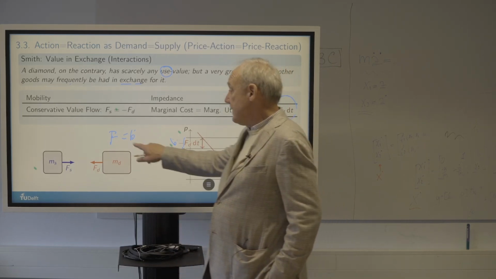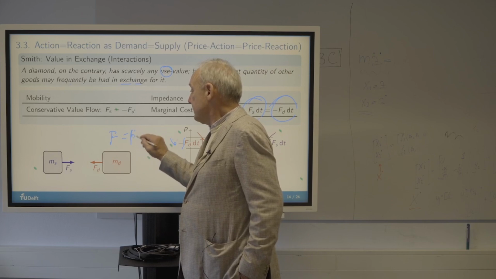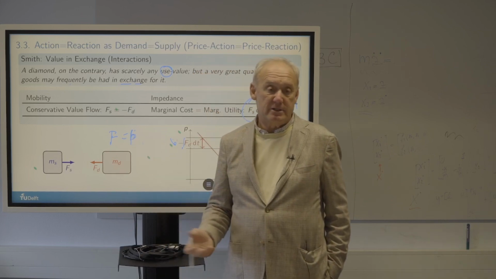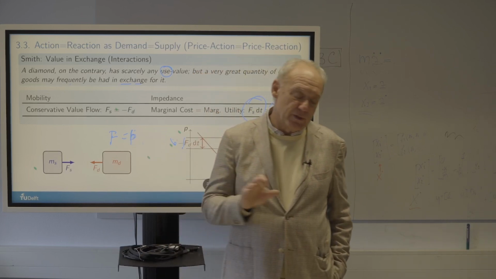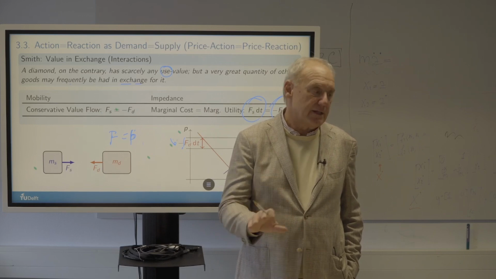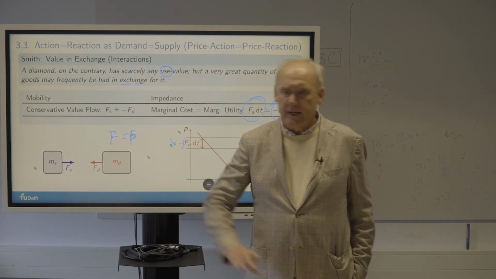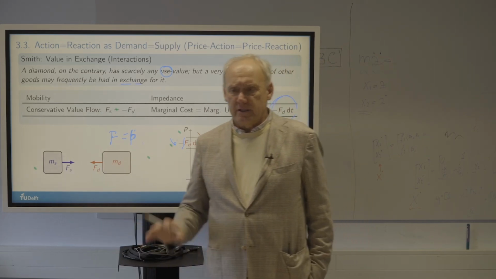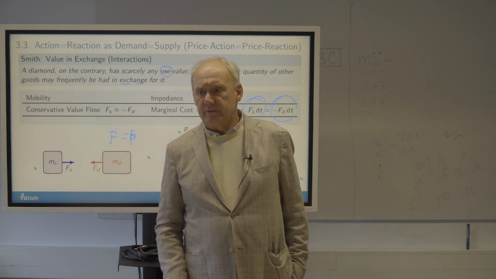And the third one says the way you should interpret this P is value in exchange. It's the personal value you ascribe to it during the exchange that's going on. And in the next exchange you may ascribe it another type of value.